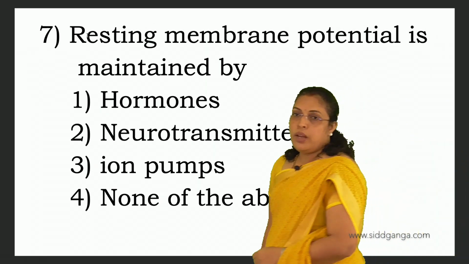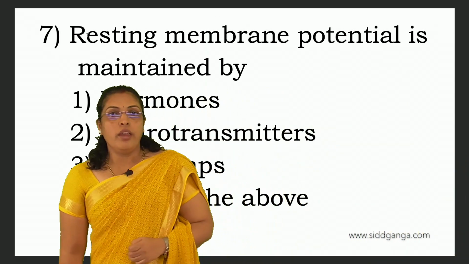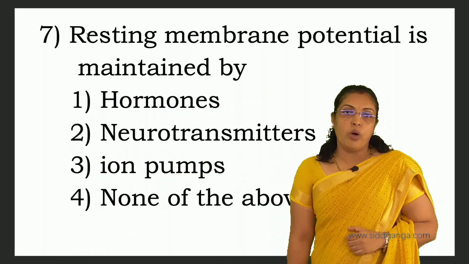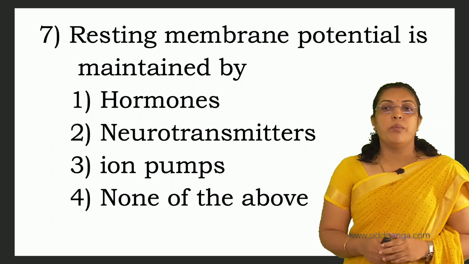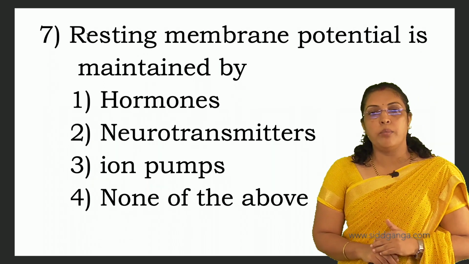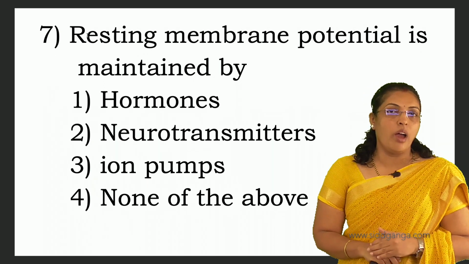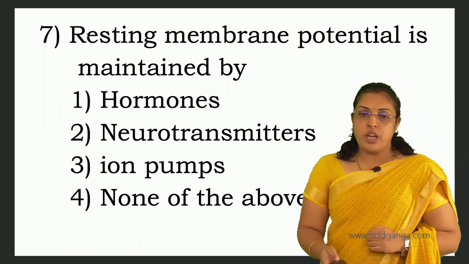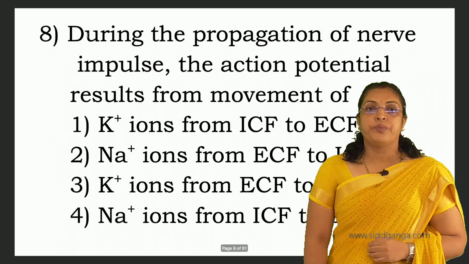Again, the resting membrane potential is maintained by hormones, neurotransmitters, ion pumps, or none of the above. We know that the resting membrane potential is mainly maintained by ions like sodium and potassium. That's why for the seventh, third is the option, ion pumps.